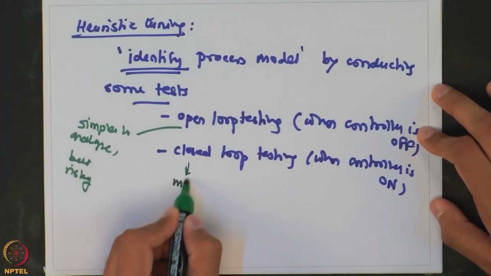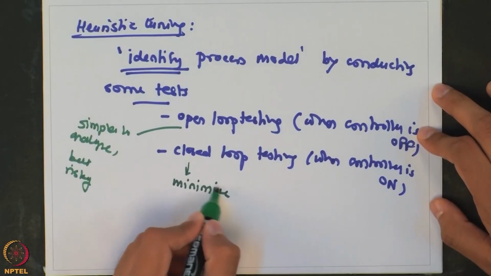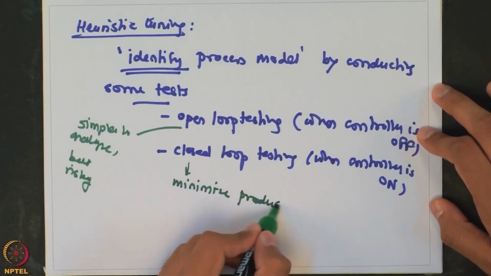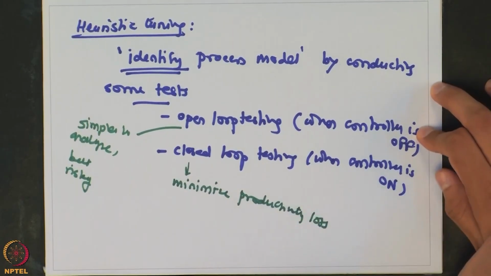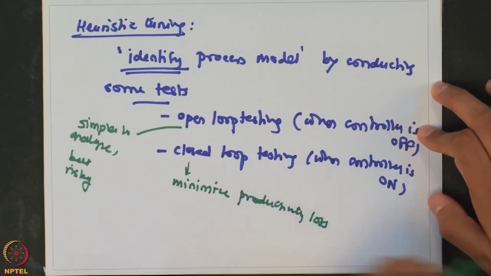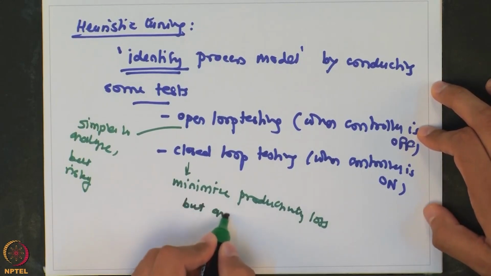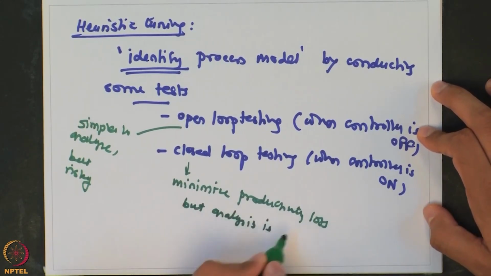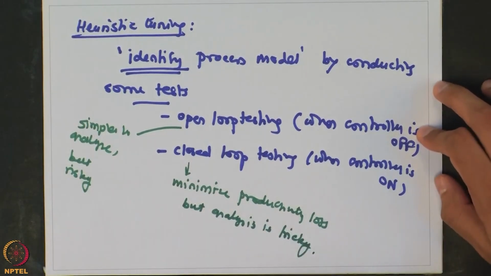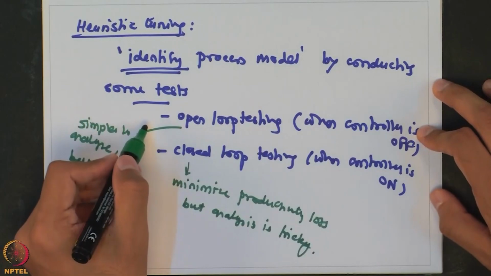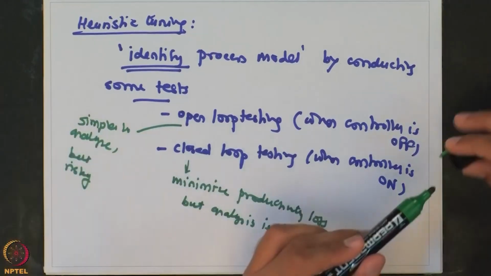As against that, closed loop methods tend to minimize the loss because you are still operating very close to your set point value, the controller is on, but analysis is tricky. So depending on which method is comfortable to you, either you can do a closed loop testing or open loop testing.